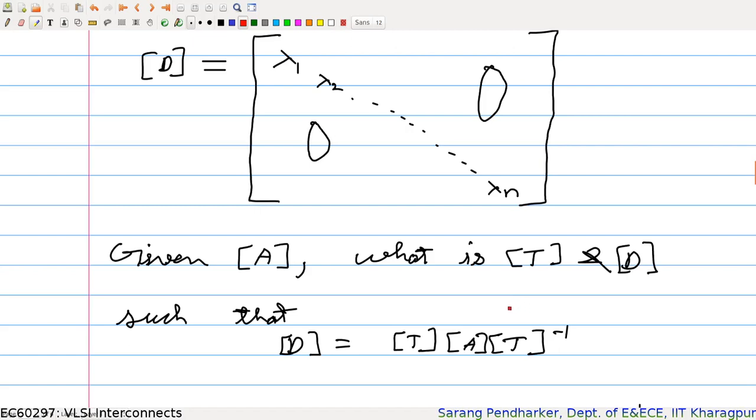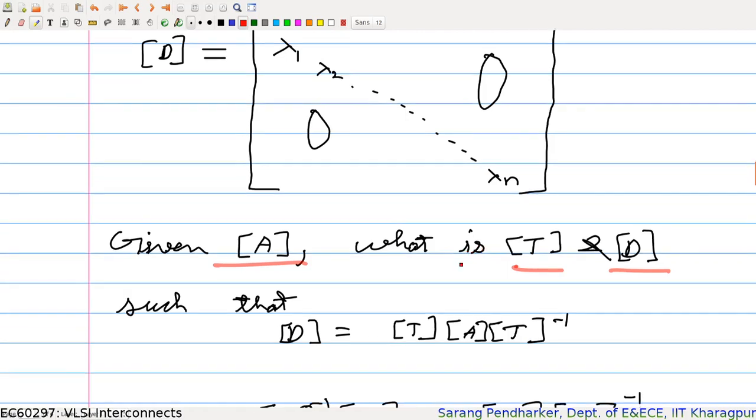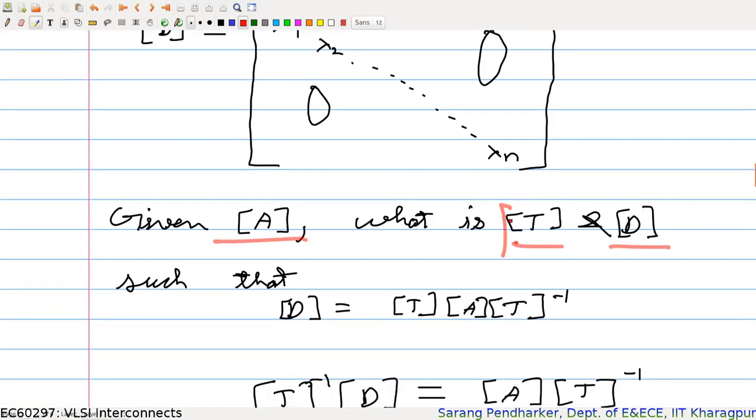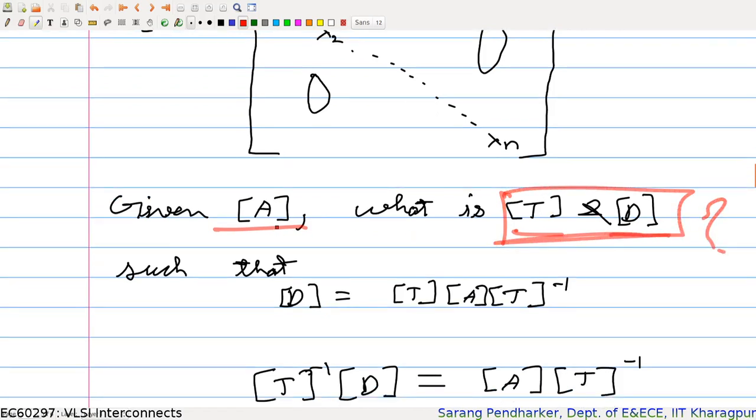If I am dealing with just matrices, my question is, given A, what is T, because I also need the transformation matrix, and what is my diagonal matrix D, because I need to solve for these terms, lambda 1 to lambda n, that would give me the coefficients of my differential equation, which I will solve and finally get the result for decoupled interconnect. So the question is, what is my T and D if A is given to you?